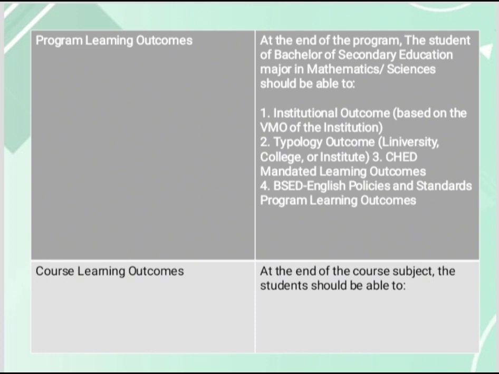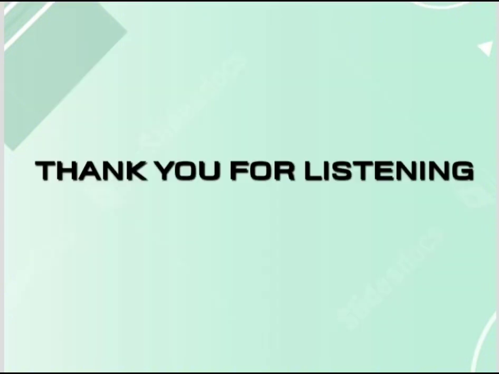So at the end of the course, the student should be able to, ibigay na kung ano yung mga dapat nilang matutunan. So I think that's all na lang, kasi yung other parts of lesson 1 is i-discuss ng aking ka-members. So thank you for listening.